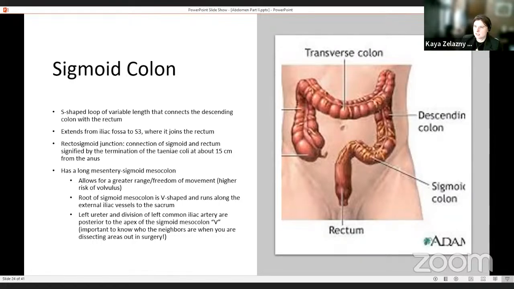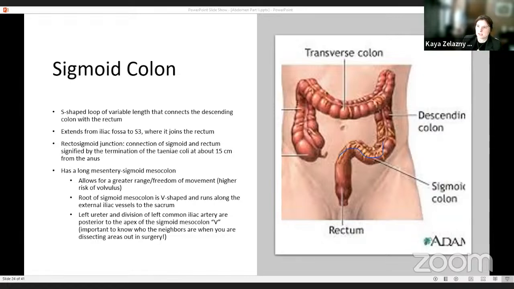So into our sigmoid colon, we're going to go into an S-shaped loop now. Okay, variable in length a little bit, but we're connecting the descending colon to the rectum, kind of going down through that bowl of the pelvis.